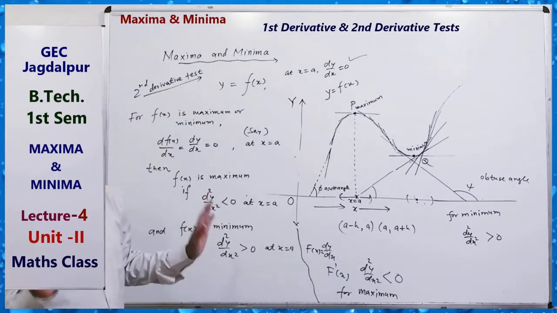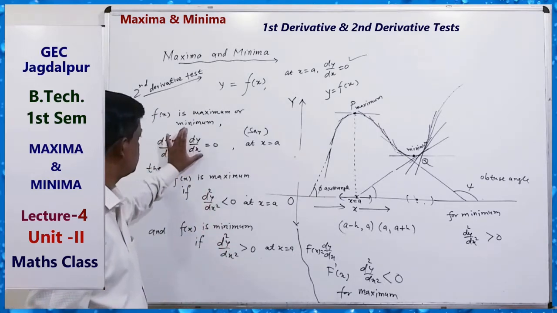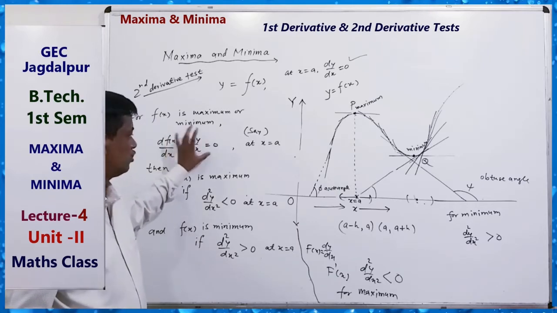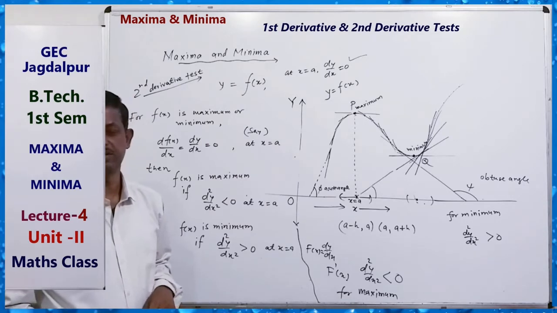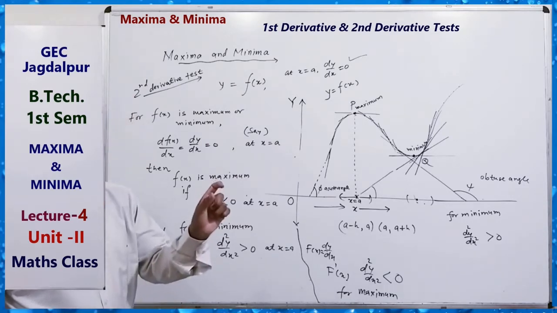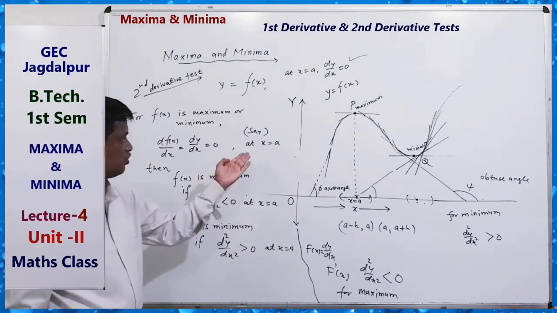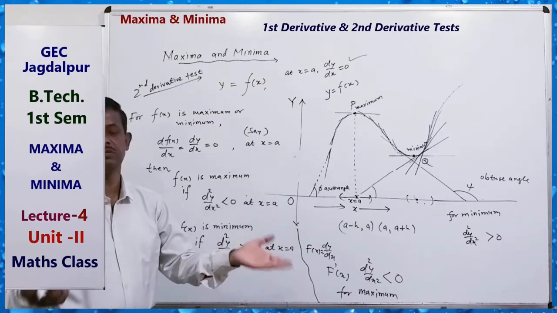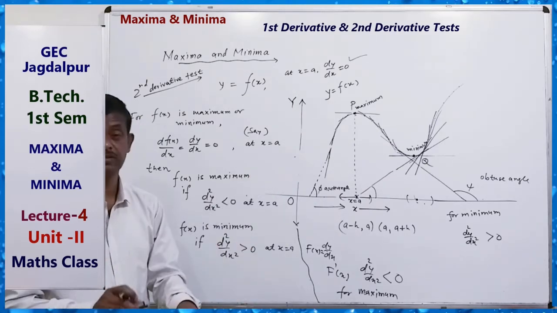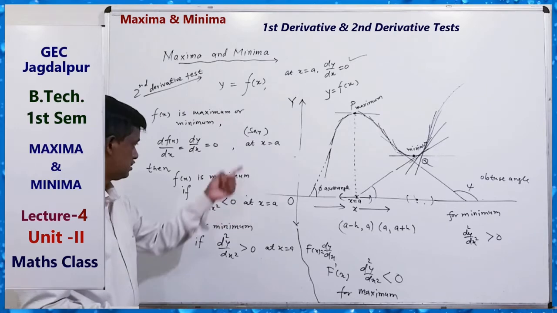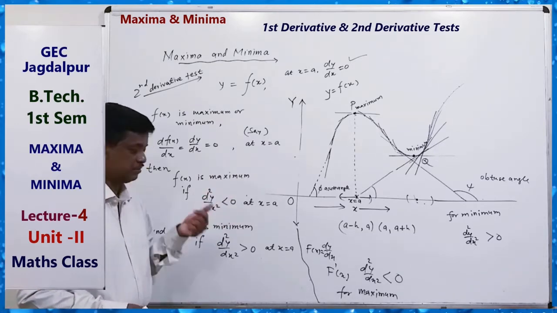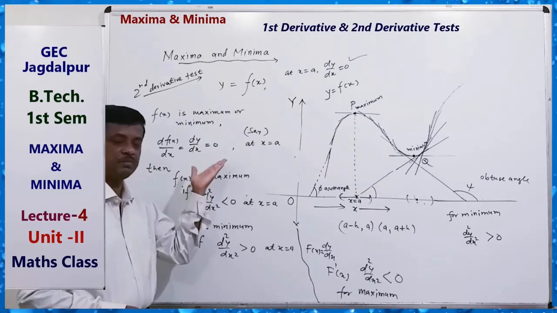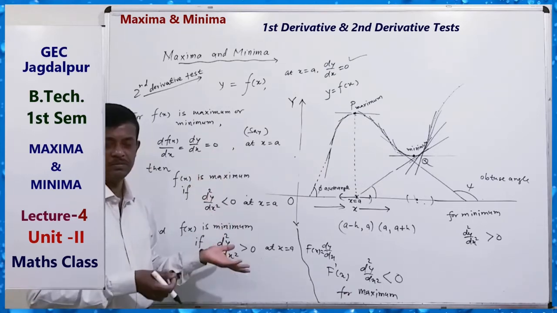So for maxima and minima, you just have to differentiate the function, equate to 0 and solve, and find the values of x. These points are called maximum points or minimum points. For deciding whether maximum or minimum, you just have to find the second derivative, and if the second derivative is less than 0, then maximum; if greater than 0, then minimum.